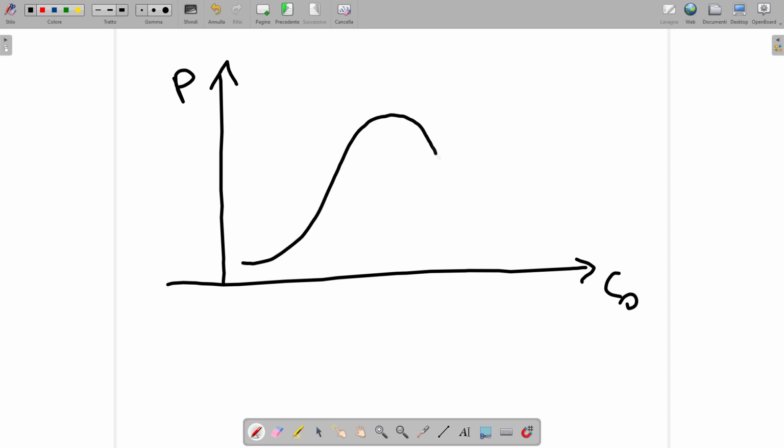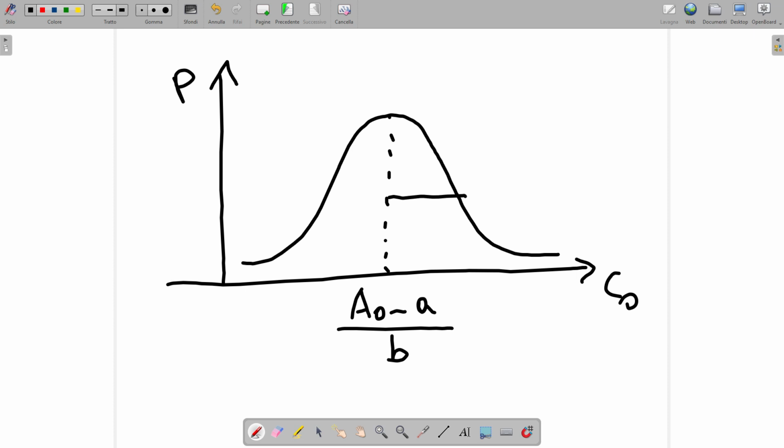You will have a Gaussian distribution where the point of maximum will be area of the unknown minus intercept divided by B, the slope. And this distribution will have a standard deviation. Let us symbolize it by S0.